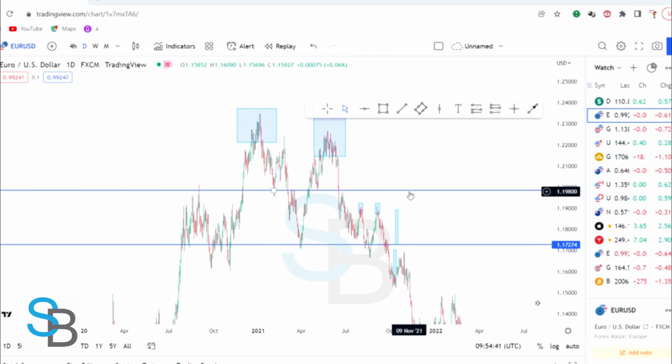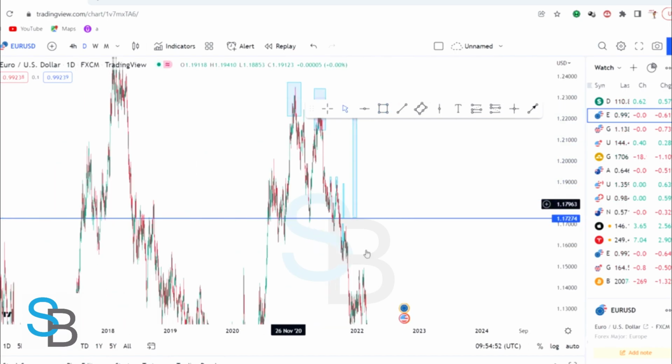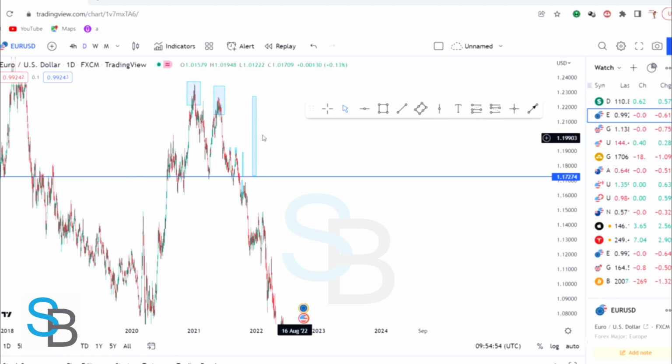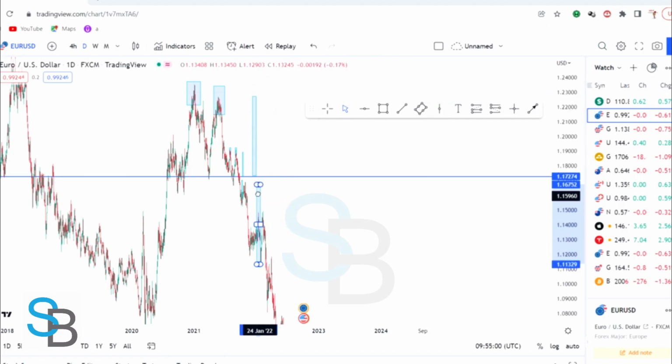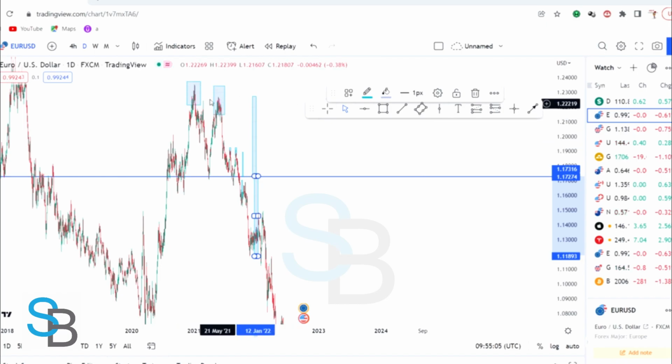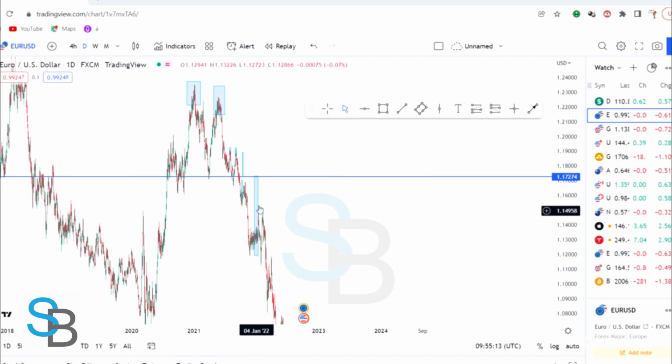It came here, broke the neck region, and then made it to the downside. So if we just duplicate this here, we'll then see that we were able to make this much profit. Now the principle of the double top has been maintained in this example again.